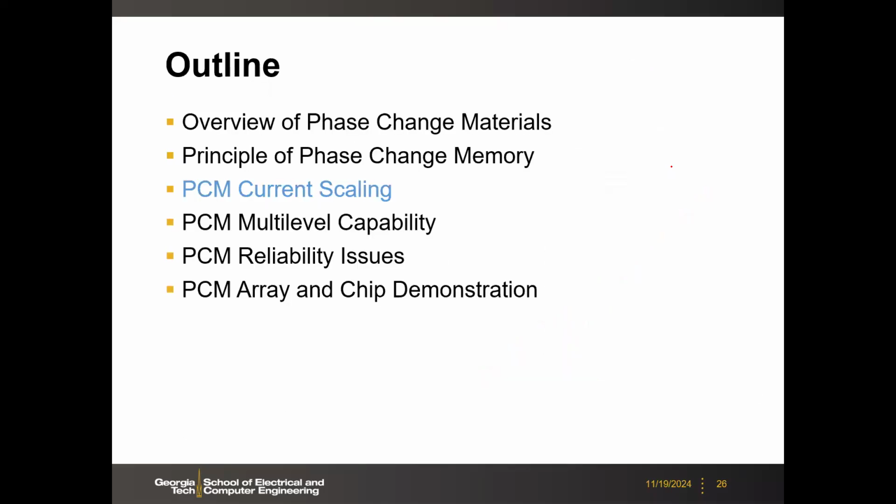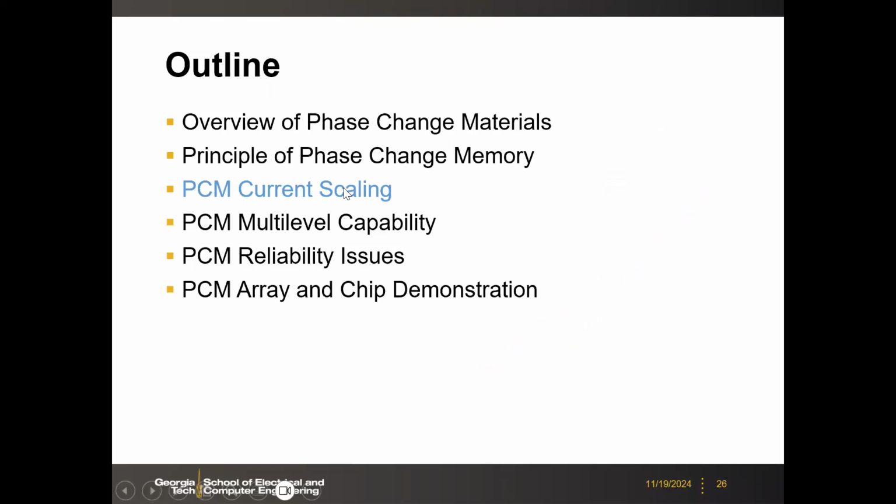So then let's move on. As you can tell now, the key challenge for this technology is the current scaling, right? It's very power hungry because you rely on the Joule heating. Joule heating comes from that current flow. So you burn the power to trigger the switching.